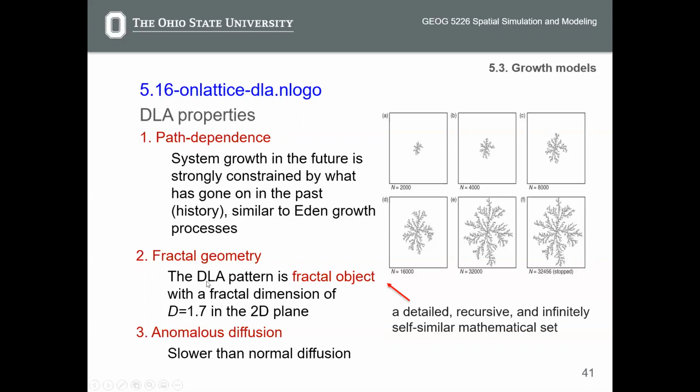For this specific DRA pattern, it has a fractal dimension of 1.7 in the 2D plane. So you would ask, how is a dimension a decimal? Usually we say one-dimensional, two-dimensional, three-dimensional. It's always an integer. How is it possible to have a 1.7 value for dimension? That's the interesting part about fractal objects.